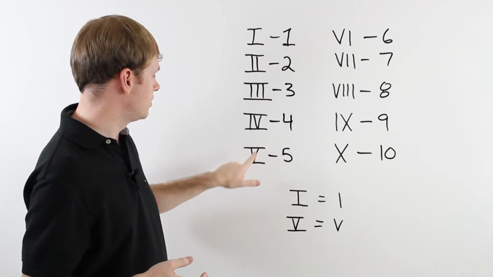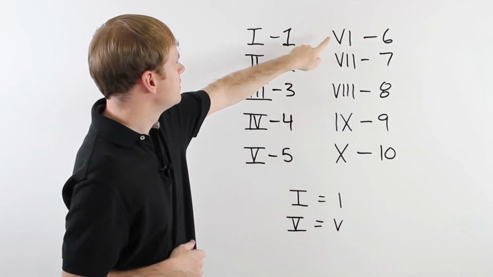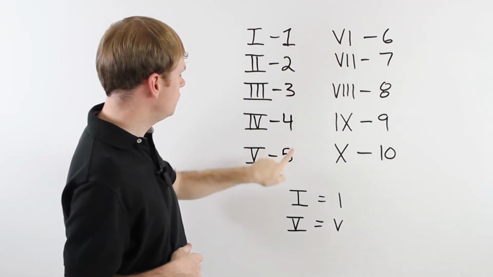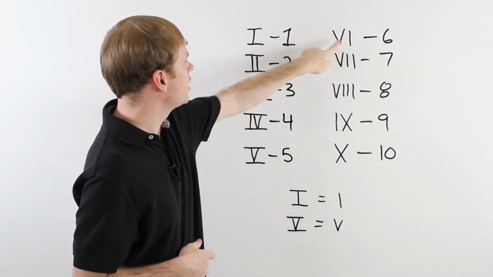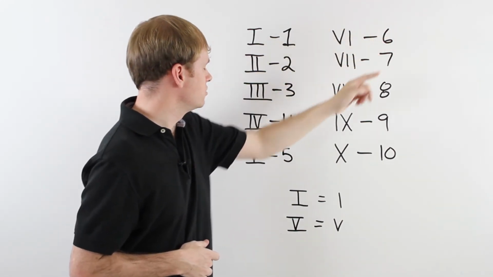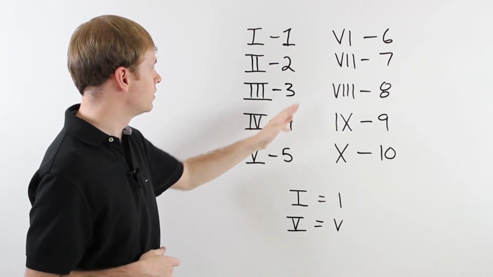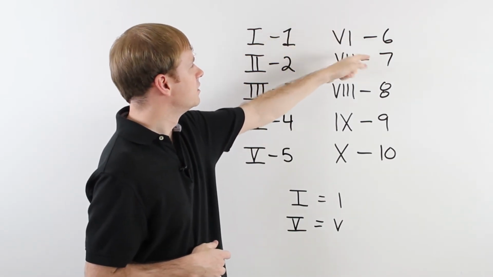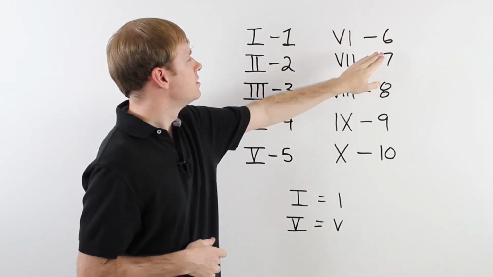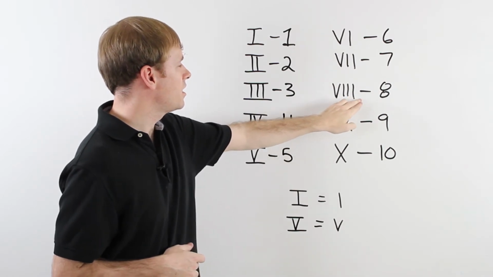This was 4, this was 5, 6. Now 6, V and I. So V we know is 5. I we know is 1, so 5 and 1 is 6. So you notice IV, 1 before 5, 4, VI, 6, VII, 7, VIII, 8.